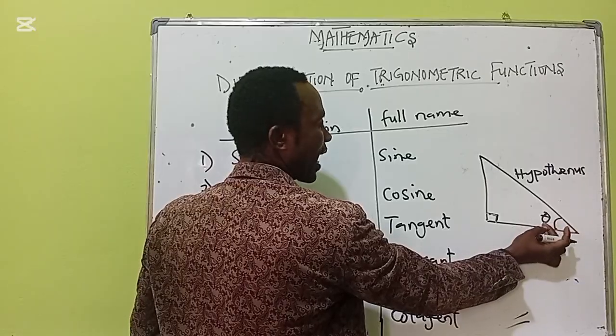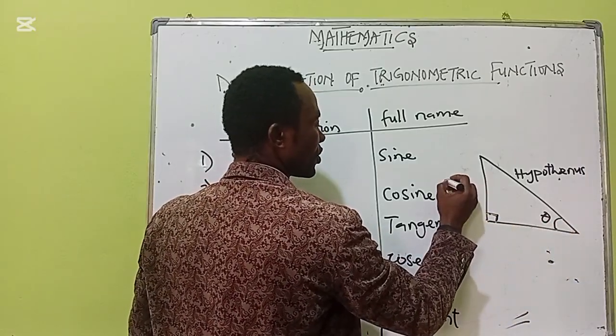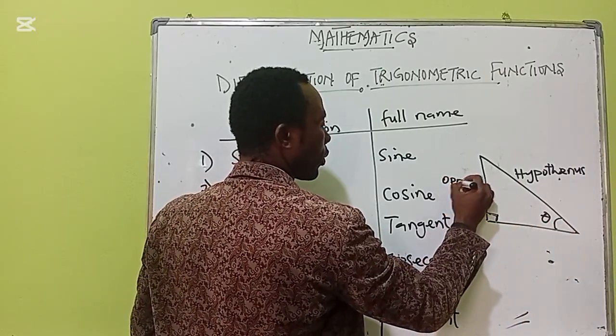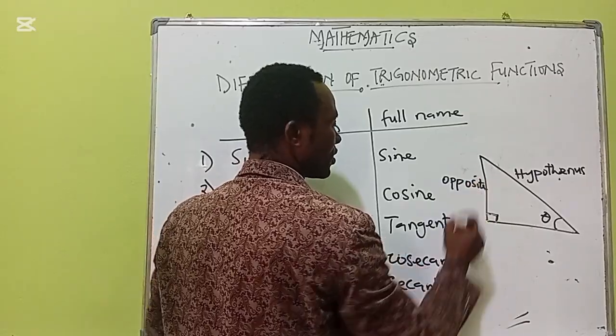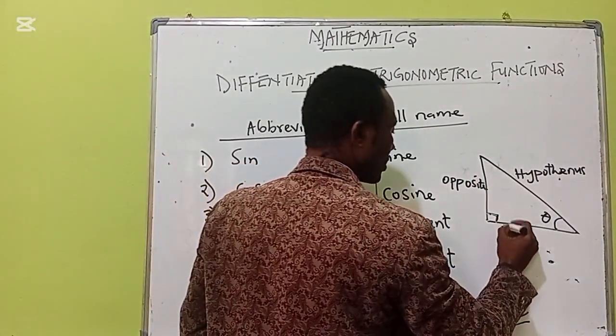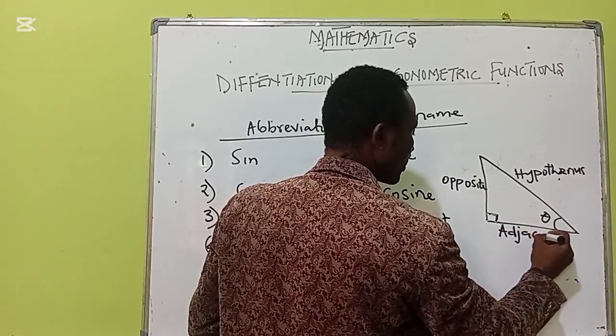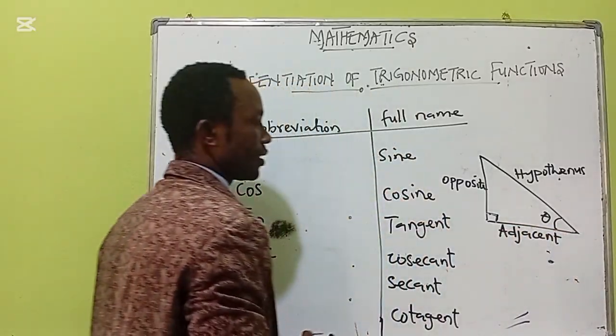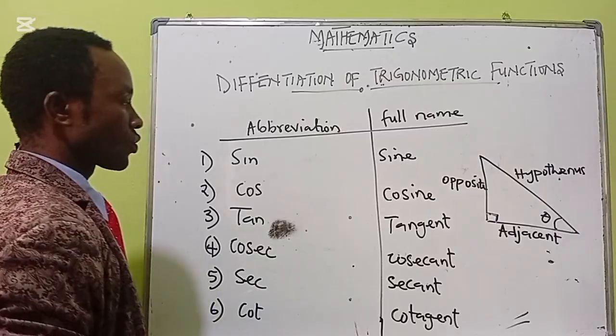Then where the angle itself is facing is known as the opposite. Here is the opposite, while the remaining side is the adjacent.